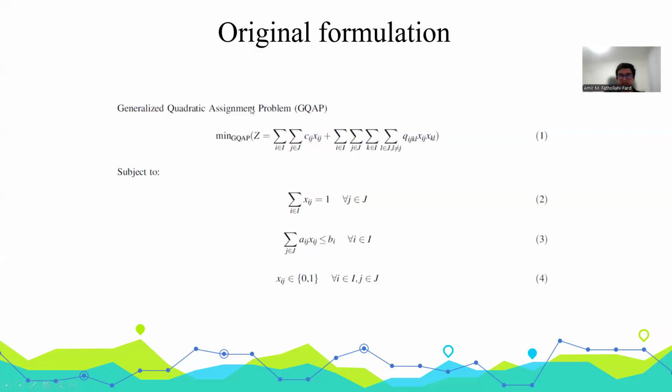So based on this optimization problem, we now need to reformulate it because we have a nonlinear term. This optimization problem cannot be solved in commercial software such as GAMS due to this nonlinear term.